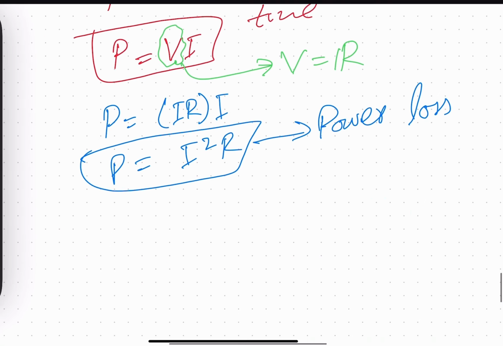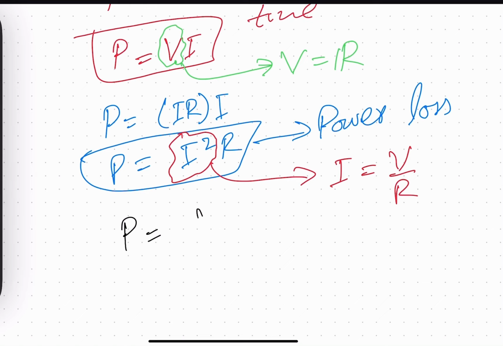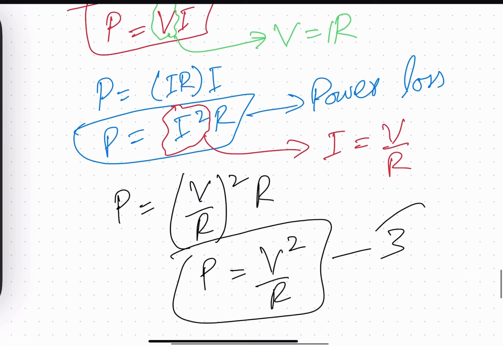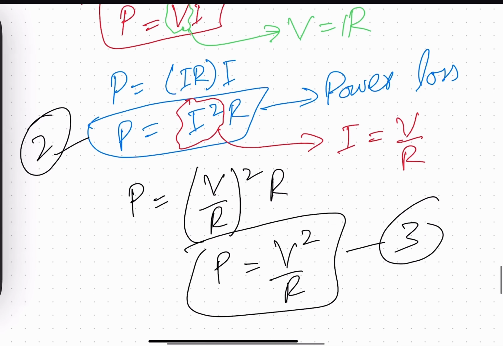We can also get another relation by putting the value of I, I equals V over R, which is also from Ohm's law. So P equals V over R times V, which gives us V squared divided by R. That is the third relation.